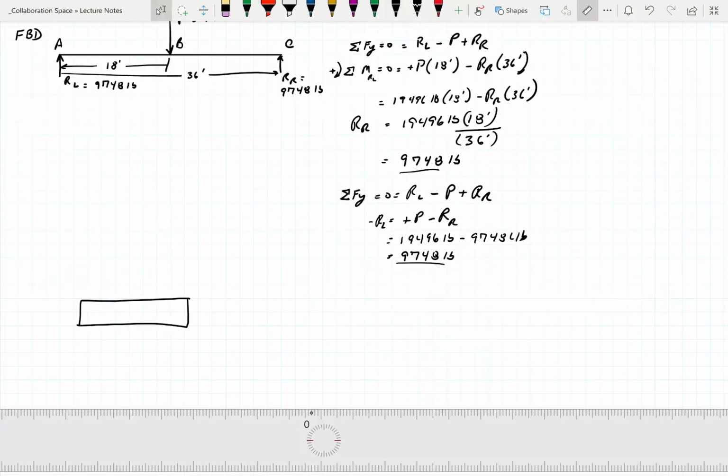So this is A, and this would be RL, okay? And this is B minus. So if you think about this, it's B minus, just before the force.